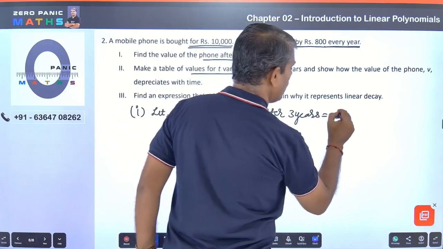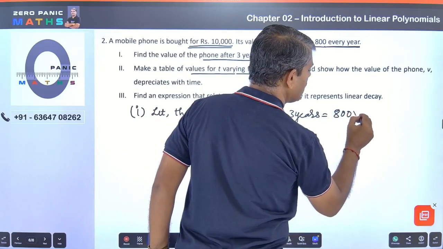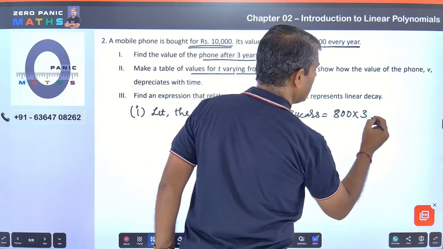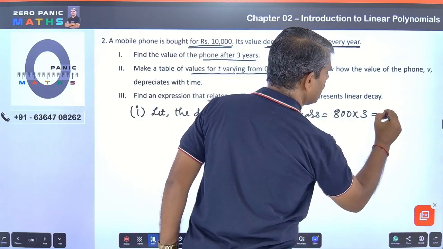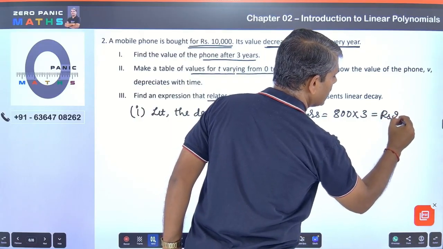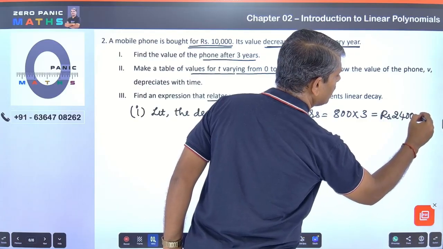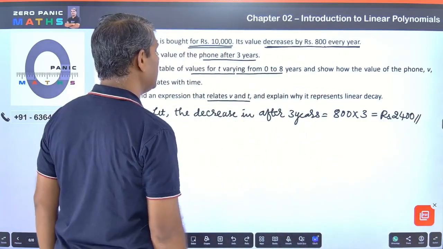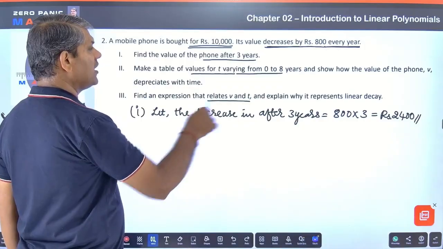It is 800 per year, so it will be rupees 2400. That is the decrease in value after 3 years.